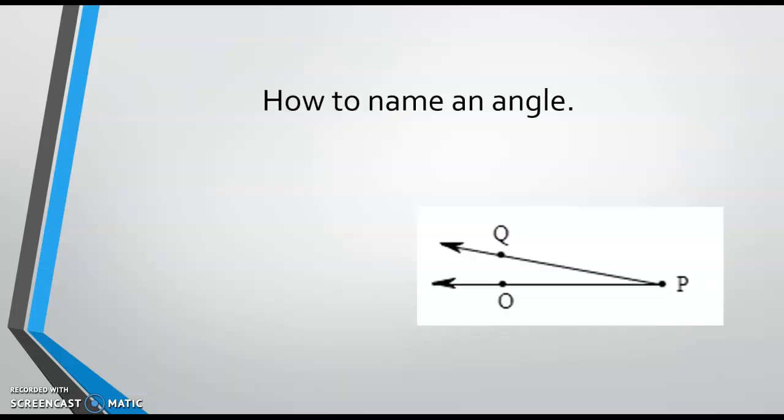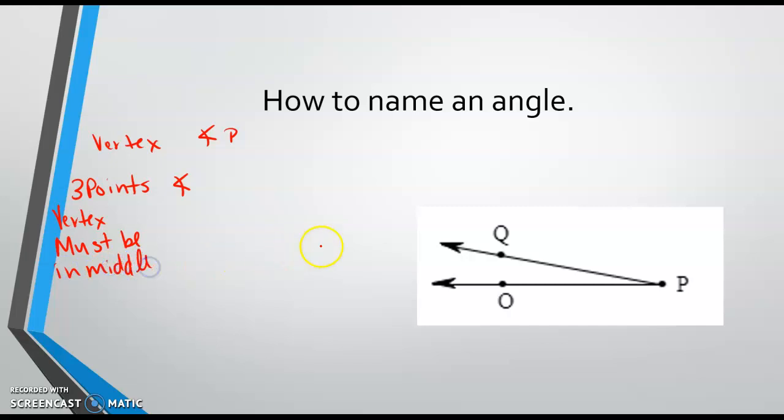So now, how do we name an angle? You can name it by the vertex, that's our middle point. So I can name it angle P, or you can name it using 3 points. When we name it using 3 points, the vertex must be in the middle.